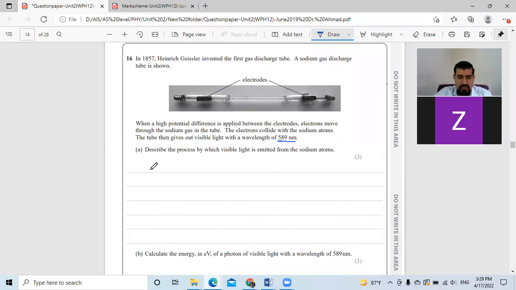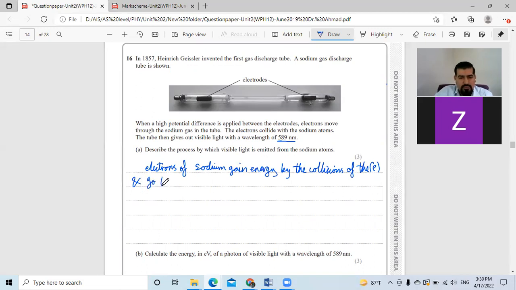So what we are going to say: electrons of sodium gain energy by the collisions of the electrons and go to a higher energy level as they get excited.